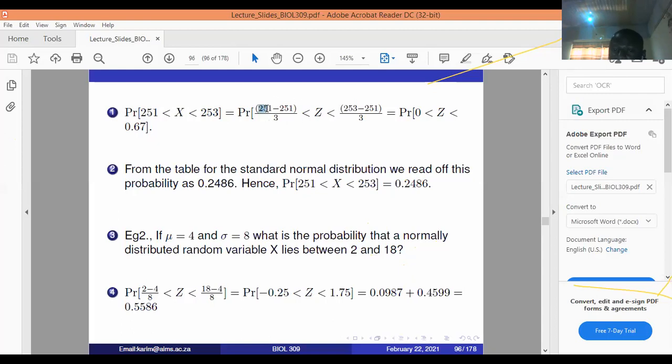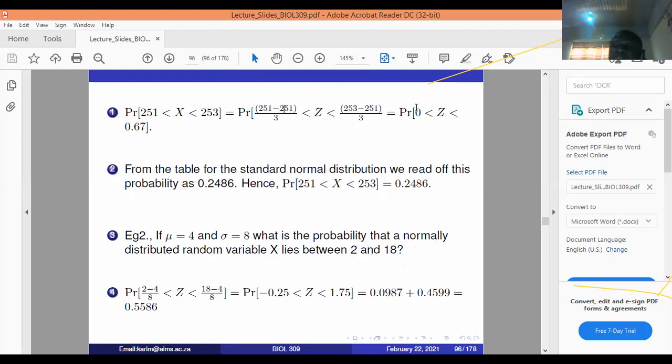So you have 251, which is the first value, minus the mean. But remember, the mean is also 251. Divide by 3, which is the standard deviation. Then you have your Z, and the other one, which is the upper one, which is 253 minus 251, divided by 3. So if you take 251 minus 251, we'll get 0. 0 divided by 3 will be 0.